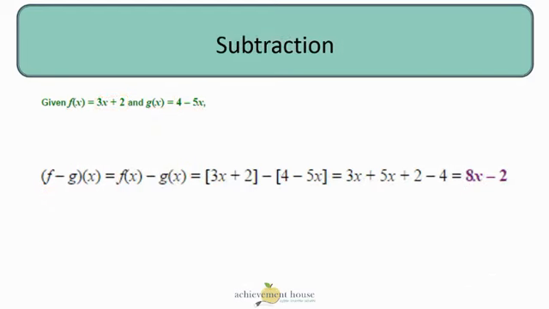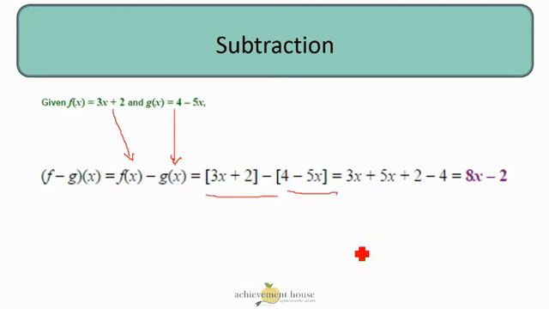It's a very similar process for function subtraction. So again, given that f of x equals 3x plus 2 and g of x equals 4 minus 5x, I'm simply going to take my f of x and I'm going to substitute it into f of x minus g of x. So I do that.